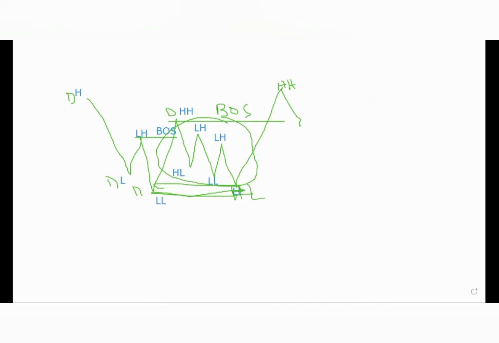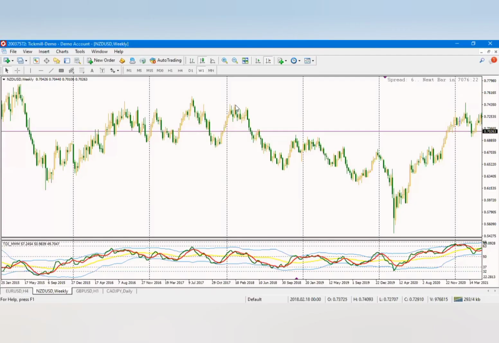Let me show you on a particular pair so that you can understand it better. So yes, as you can see my screen, this is NZD USD weekly.